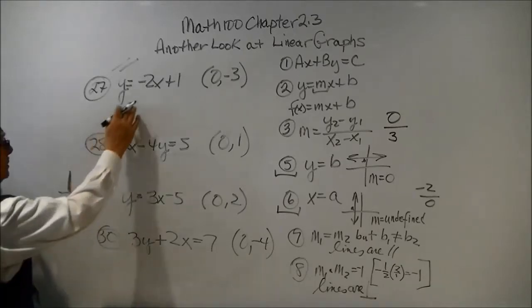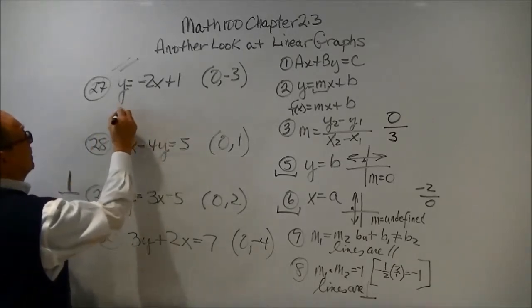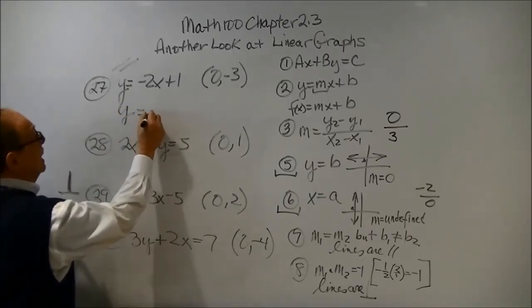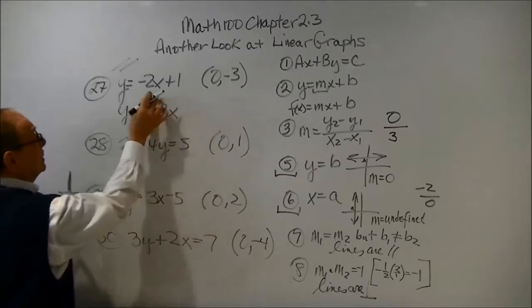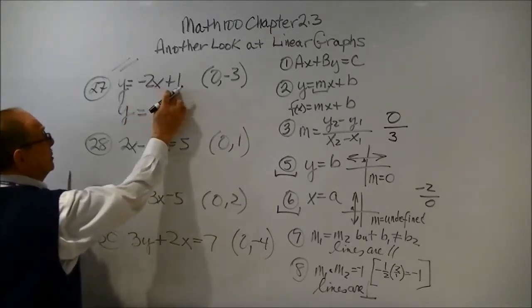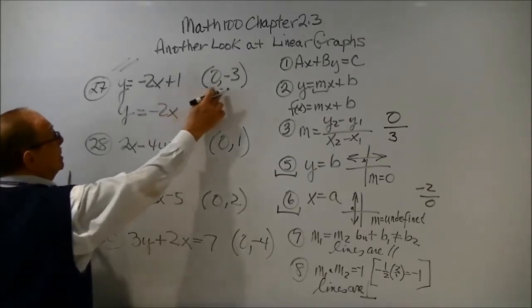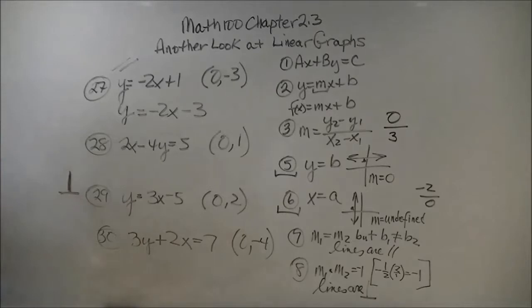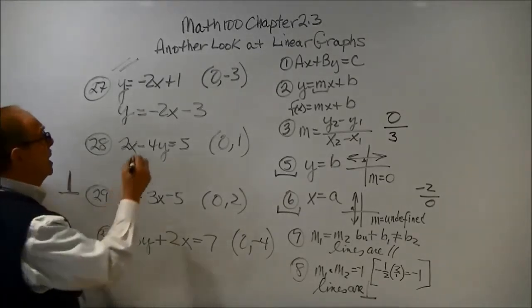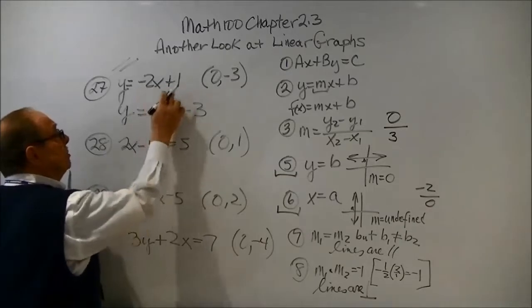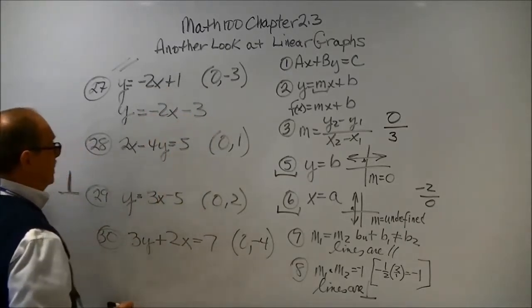So all we have to do here is say y equals negative 2x. The slope stays the same. We just have to change the y-intercept. And this line is now parallel: same slope, different y-intercepts.